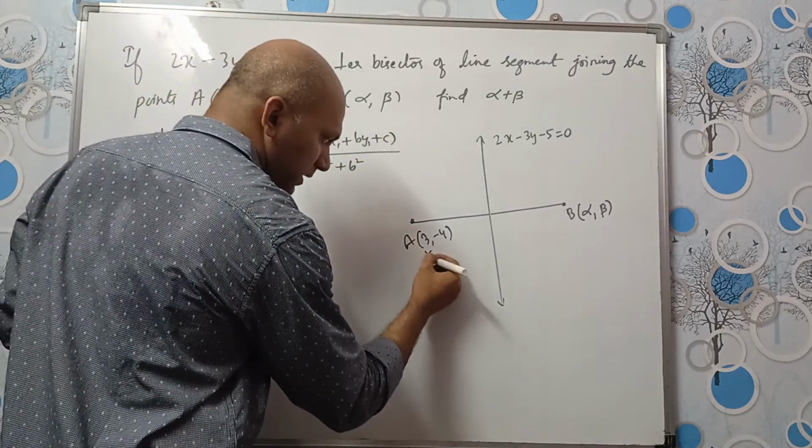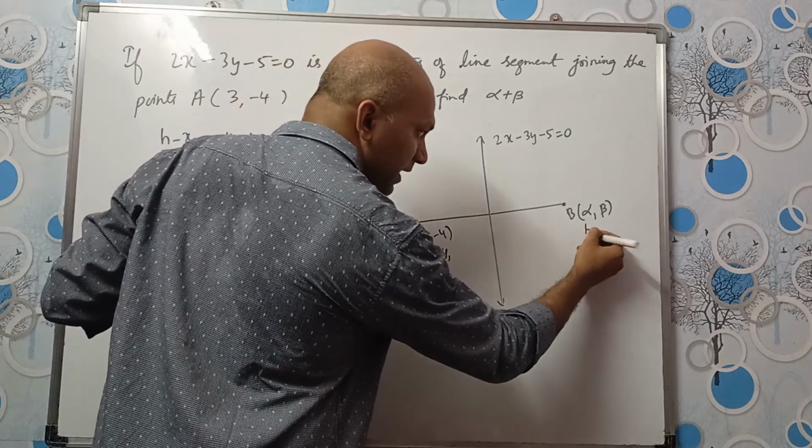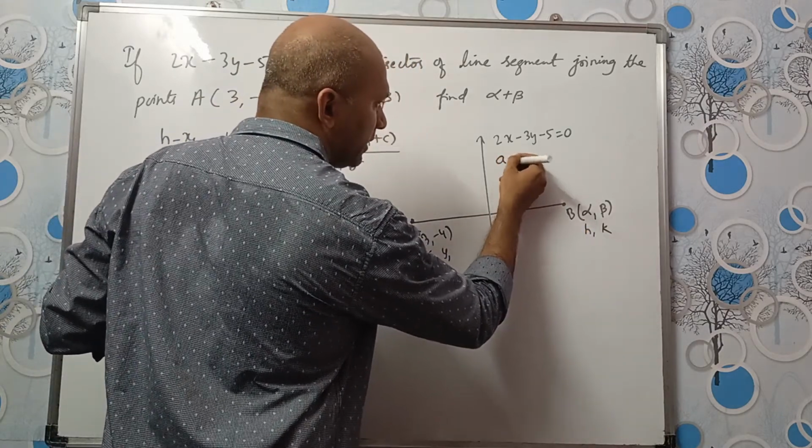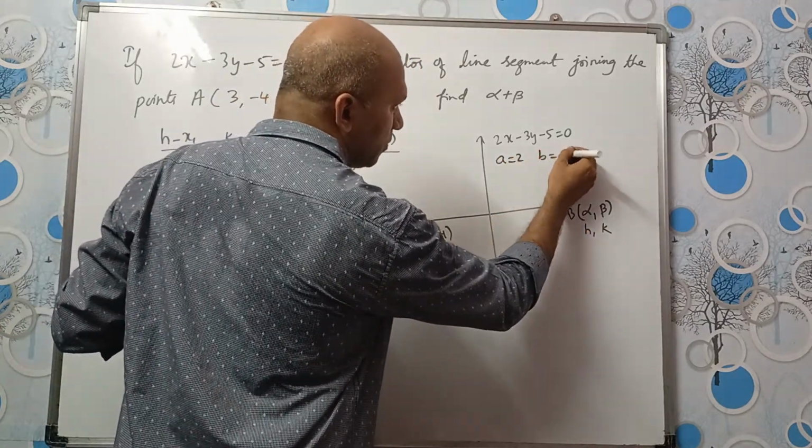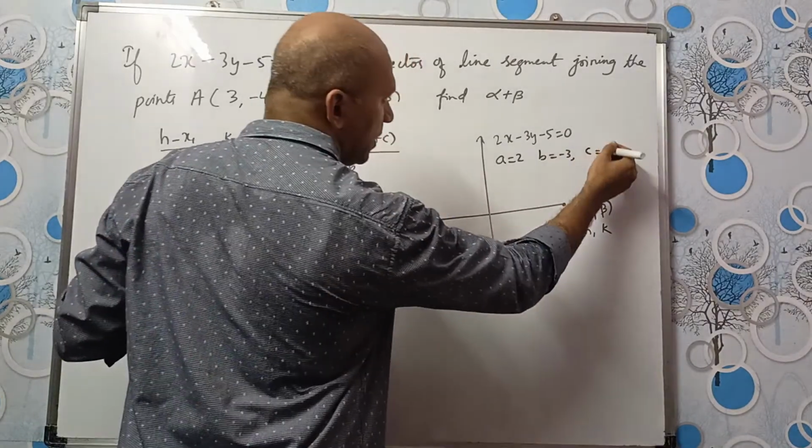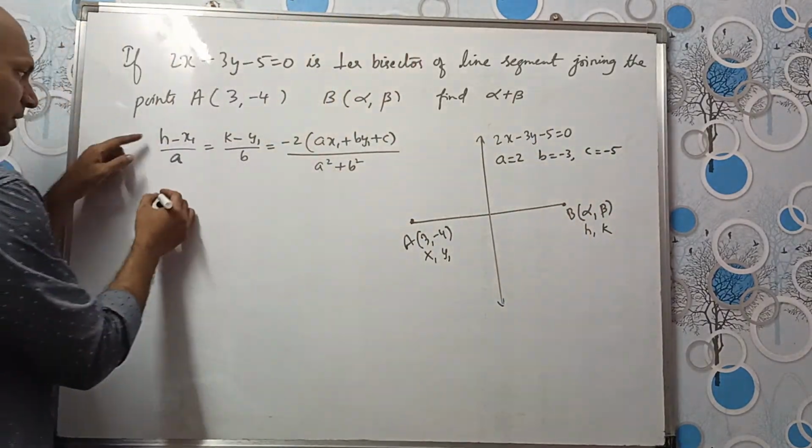This is x1 y1, this is h comma k, and a is equal to 2, b is equal to minus 3, c is equal to minus 5.